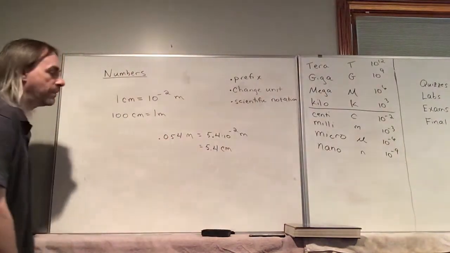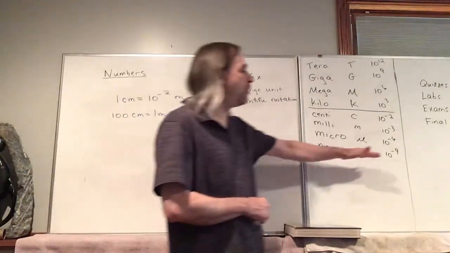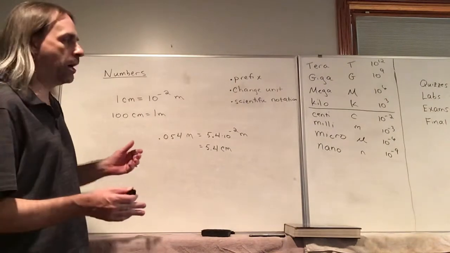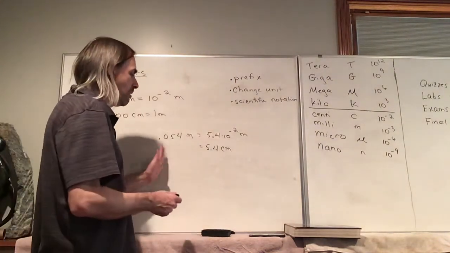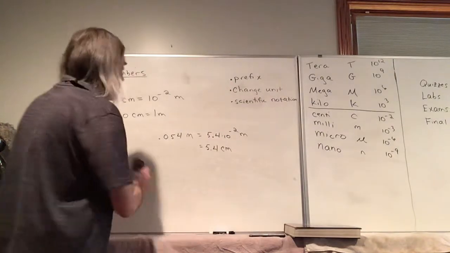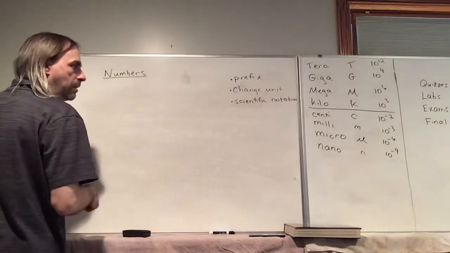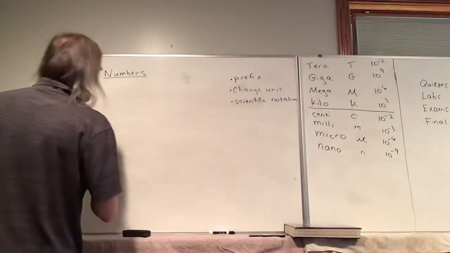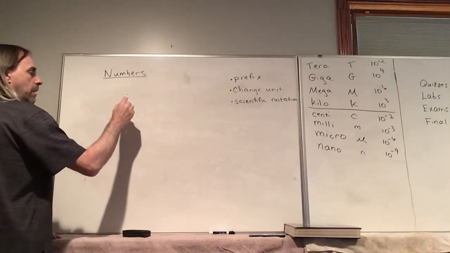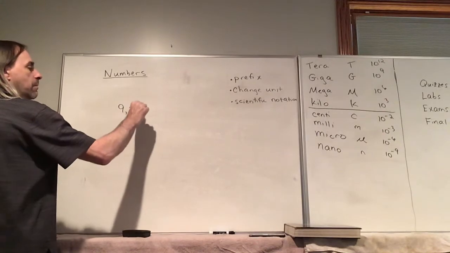Not so easy. So the idea is, because these come in multiples of 3, you can usually write something down where you've got either 2 or 3 digits and then a prefix. So let me see if I can come up with another example. Well, let's just say 9,200 meters.